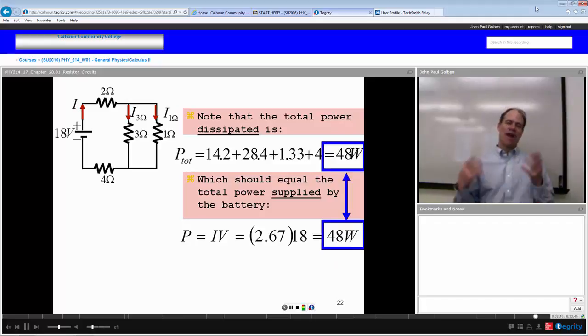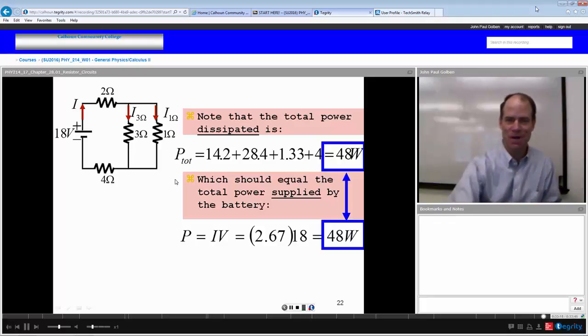If you were asked the question, what is the power dissipated in this entire circuit, one way you could go about answering it is find the power supplied by the battery, because you can't get something for nothing. The energy per time has to come from somewhere, and it's coming from the battery. So whatever you're dissipating in the circuit is the power supplied by the battery itself, and that P equals the current times the voltage, IV. How about that?